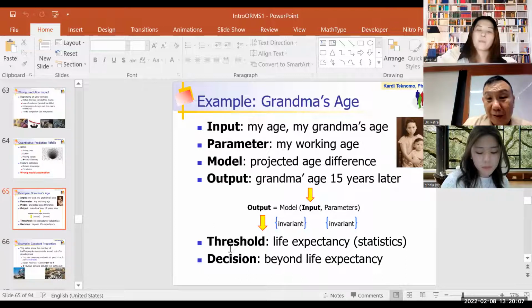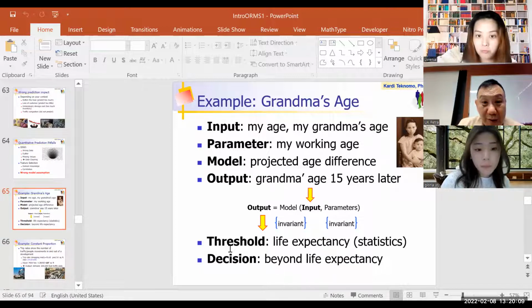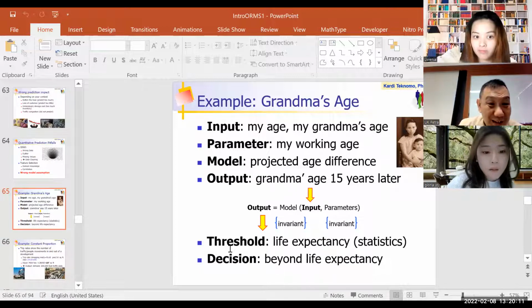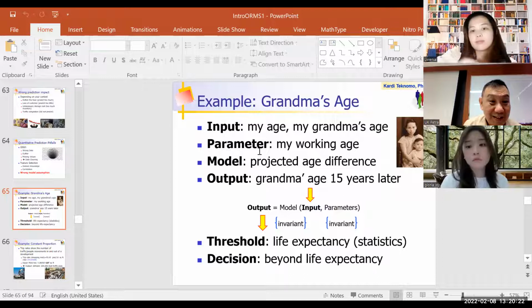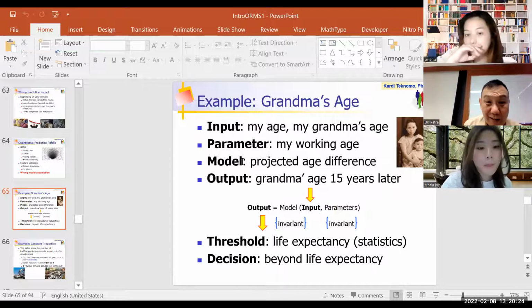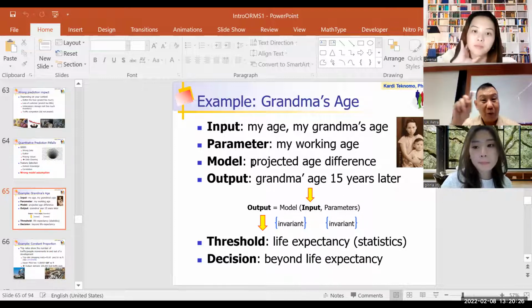Oh, back to my story earlier. What is my input, parameter, model and output? Here the input was my age, my grandma's age. This is a children's story. So my parameter was my working age, and then the model was just a simple model of projection of age difference.